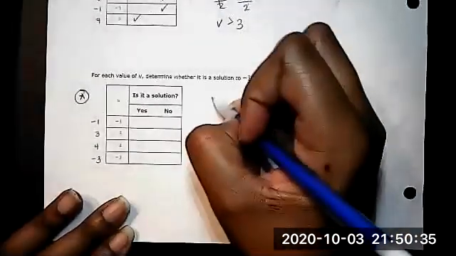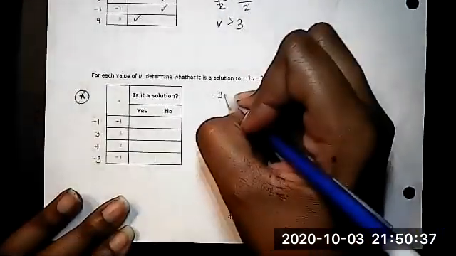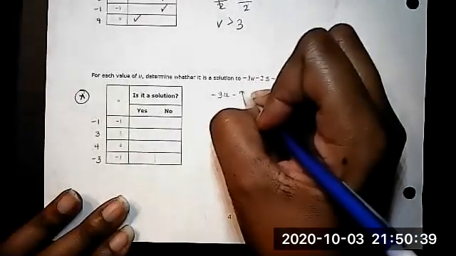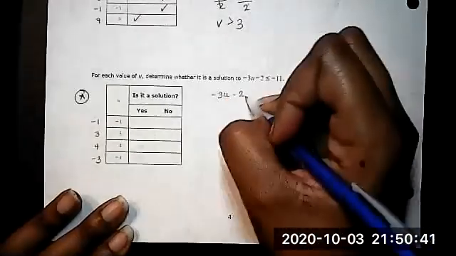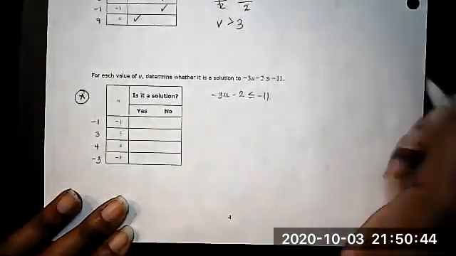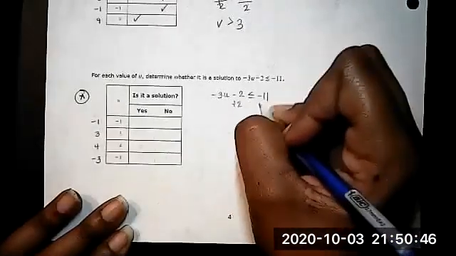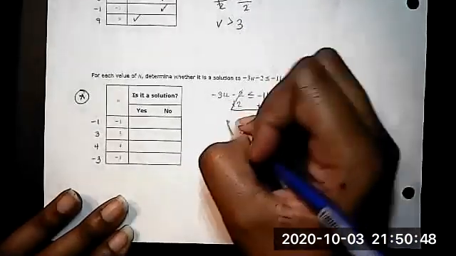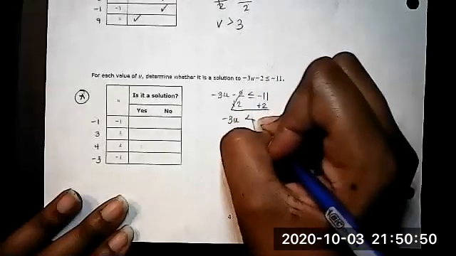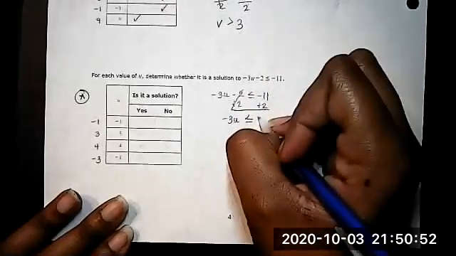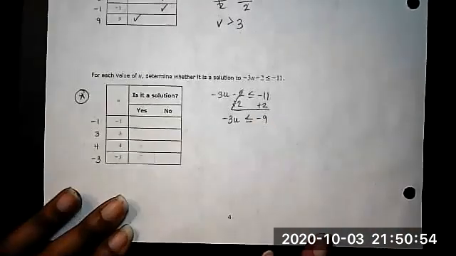Again, solve the inequality. -3u minus 2 is less than or equal to -11. I'm going to add 2 to both sides. -3u less than or equal to -9. Okay.